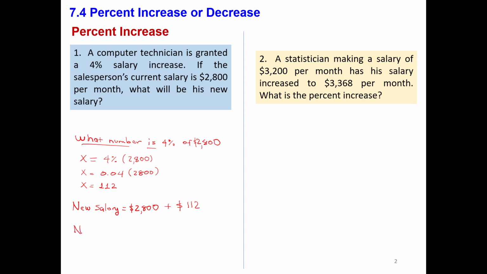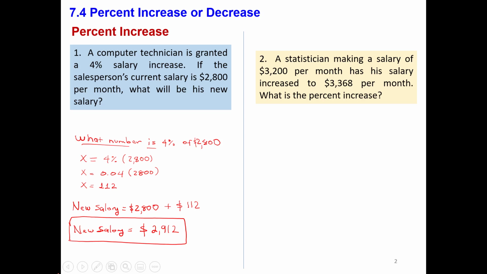The new salary will be 2,912. This is the answer. Then let's try the second problem.